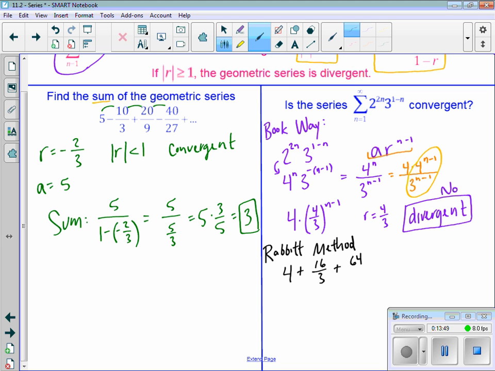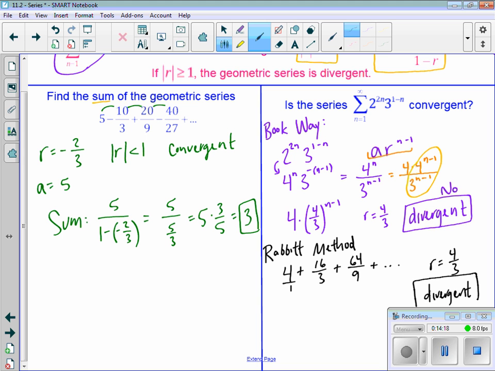And what's in the denominator? 9, right? Because it'd be 3 to the negative 2nd, which would be the same as 3 squared down here. So it'd be 9. And then dot, dot, dot. And if you look at this, can you determine what your r value is? You can put this over 1 if it's easier. You're multiplying by 4 on top, and you're multiplying by 3 on bottom. So then you can see that your r is 4/3, and you can say it's divergent.